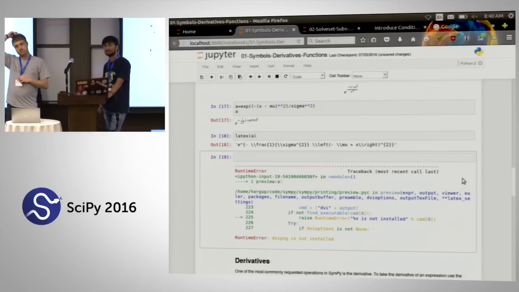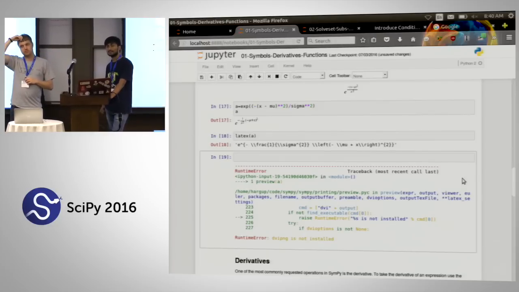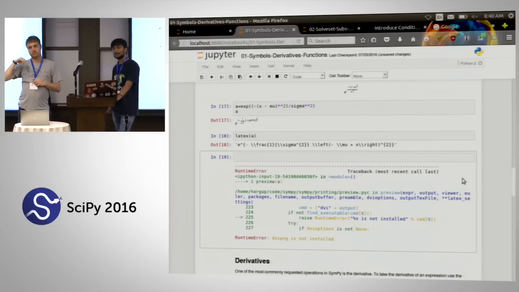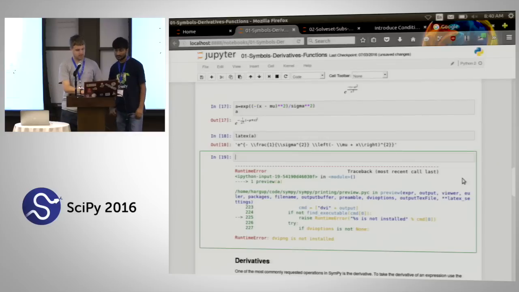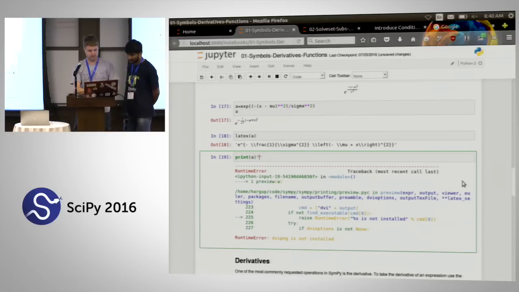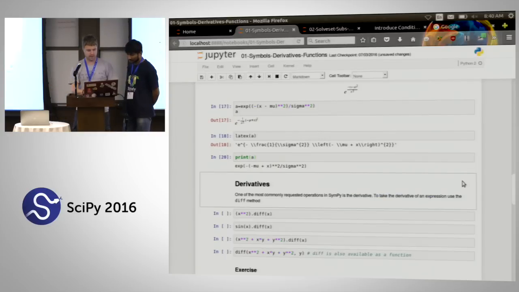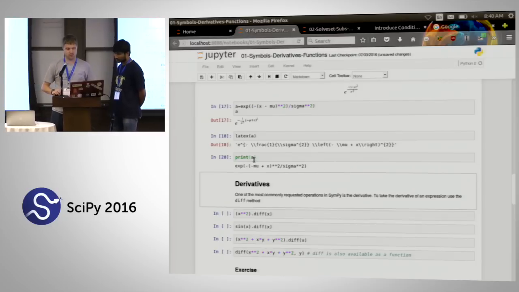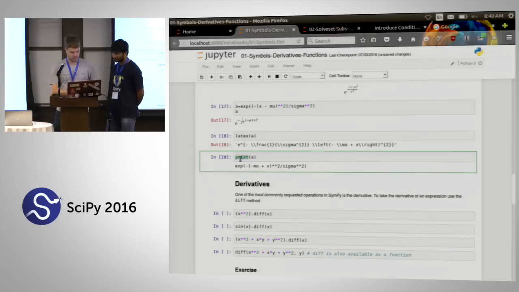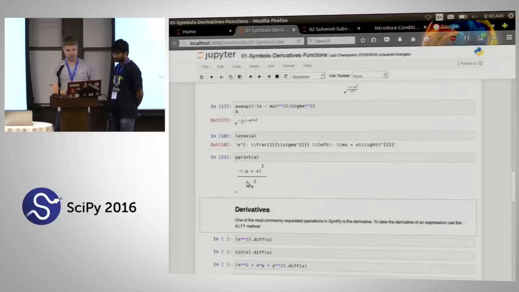How do you render the exact symbol without doing it in IPython? Like, I want to print A. Yeah, you can do that. If you do print A, it'll just print it like a string. With pprint, you'll get this Unicode pretty printing.